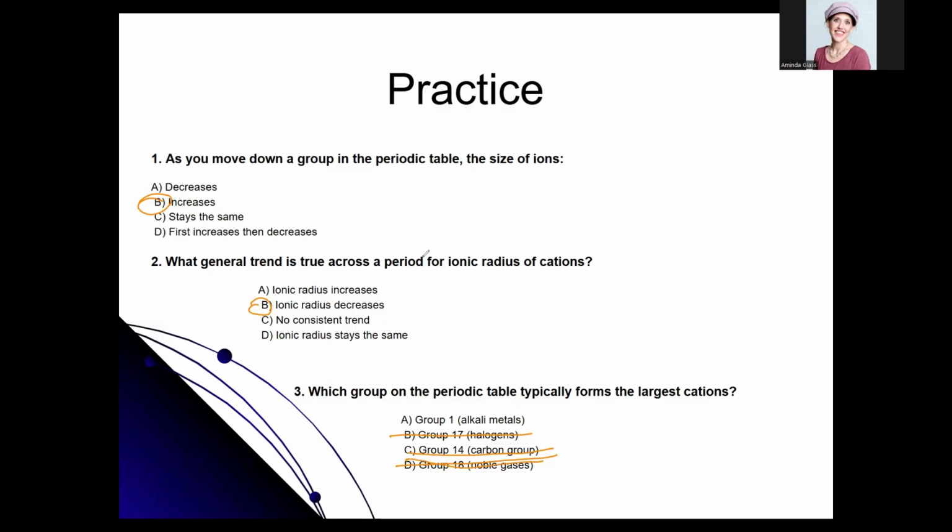And group 18, they're not going to make cations. It's group 1, the alkali metals. If it were between group 1 and group 2, it would still be the group 1 alkali metals because we know that as you go from left to right across the periodic table, the size decreases.